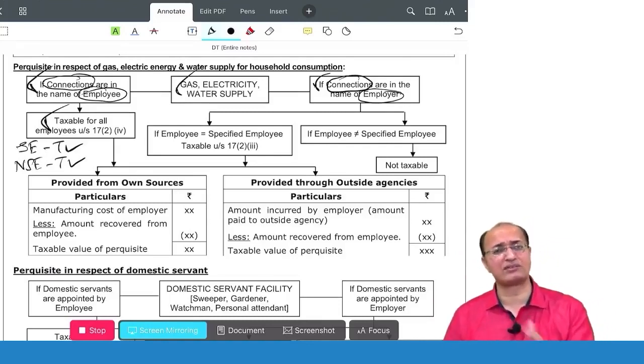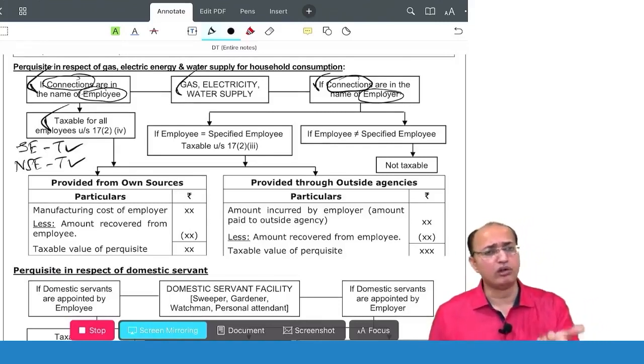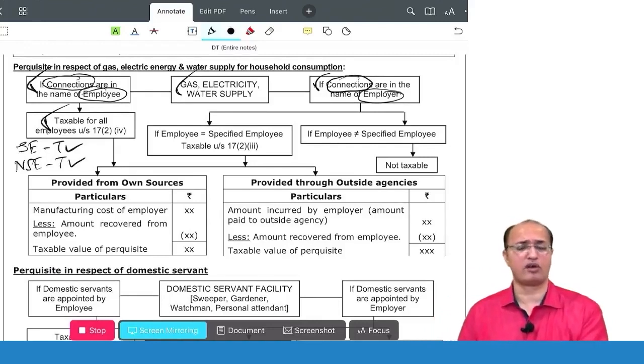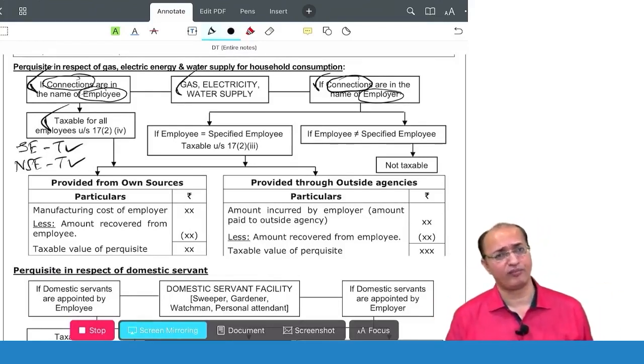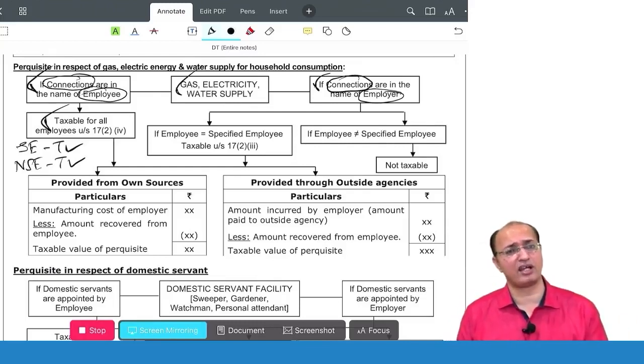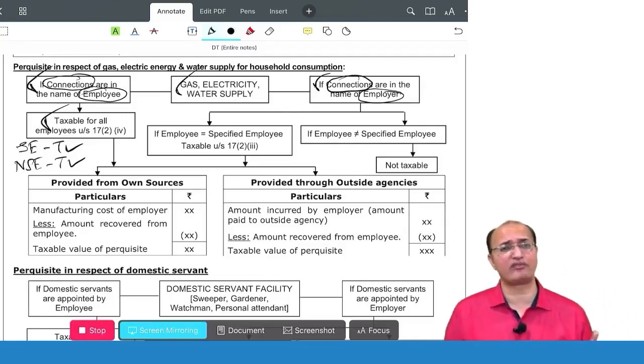Who is going to receive the bill? Definitely the employer. Who is going to pay the bill? Definitely the employer. In this case, it is not the employee's obligation to pay, it is the employer's obligation because the bill is in the name of the employer. The employee is just enjoying the facility.